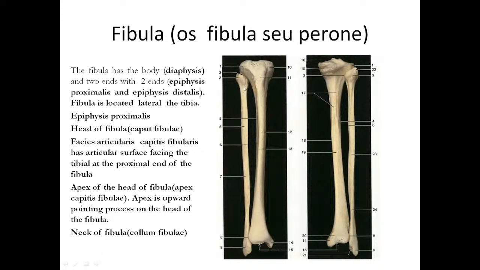The head has an apex and a neck. So this proximal end has caput, apex, neck, and articular surface.